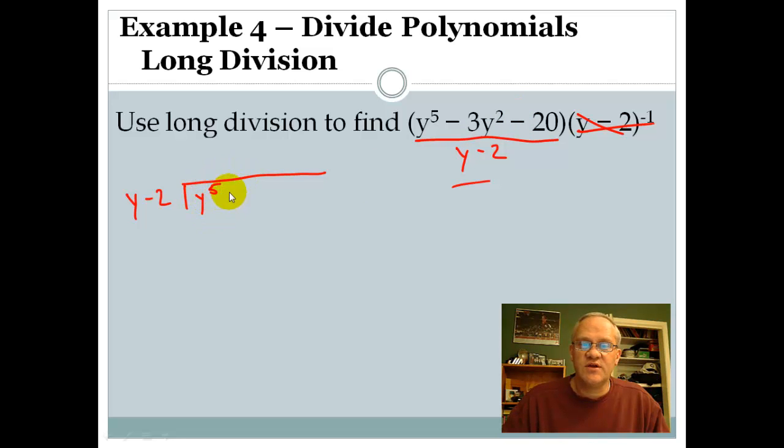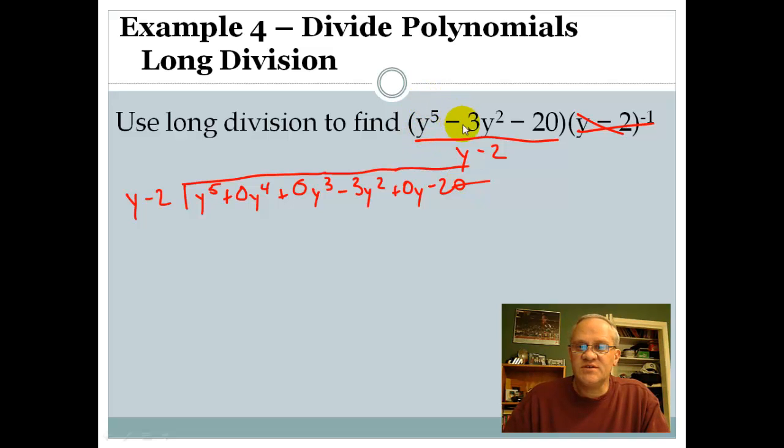I've got y to the 5th, plus 0y to the 4th, plus 0y to the 3rd, minus 3y squared, plus 0y, minus 20. So the things that are missing, the y to the 4th, the y to the 3rd, and the y, put those in as 0 because most of the time you're going to need that space to put something in your answer. So go ahead and put a space in there for 0y to the 4th.